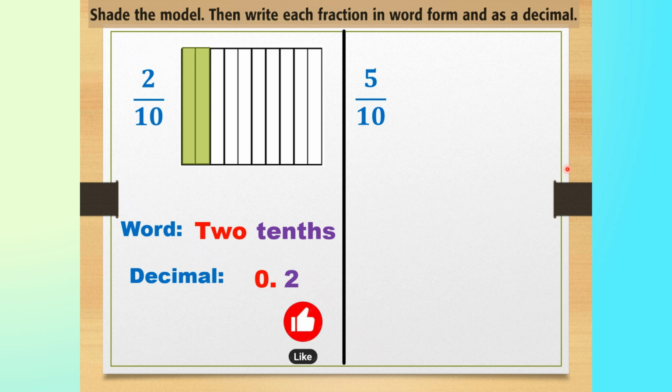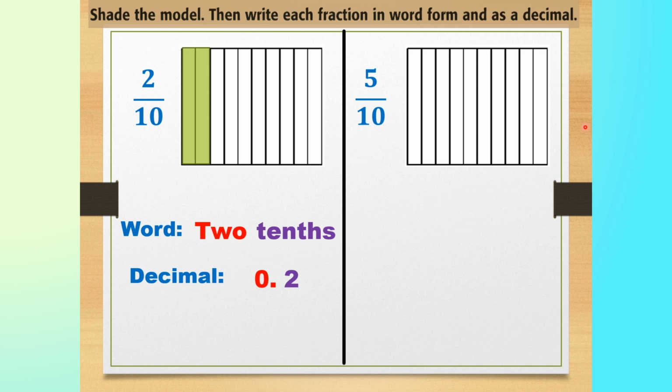Let's see one more. 5 out of 10. What grid do you think we're going to be using here? Yes, we will use the tenth grid. So how many parts do you think we'll shade here? Is it 5 or 10? Good job. We will shade 5 parts because in the numerator we have 5. So we're going ahead to shade 5 parts. 1, 2, 3, 4, 5.